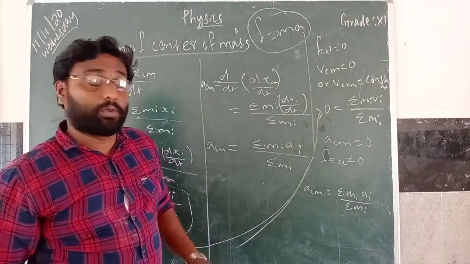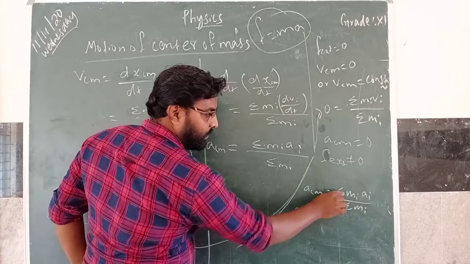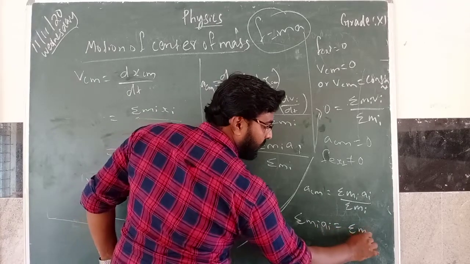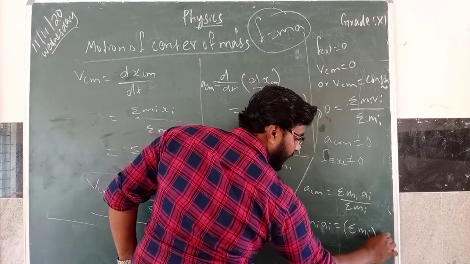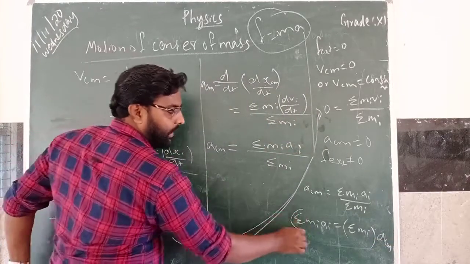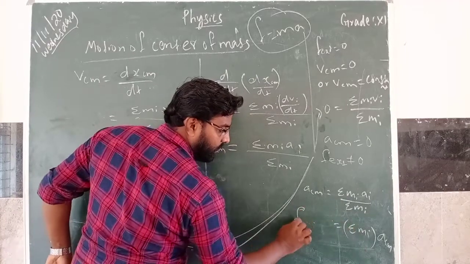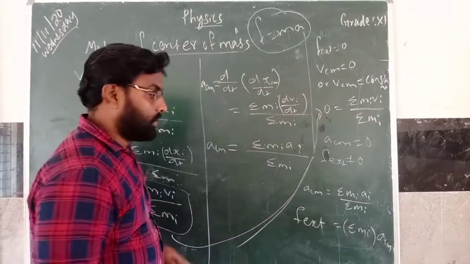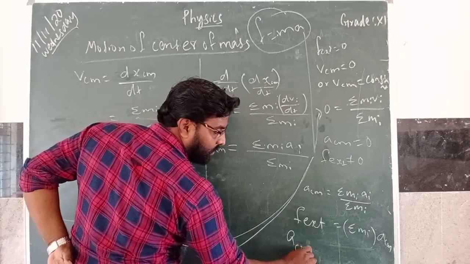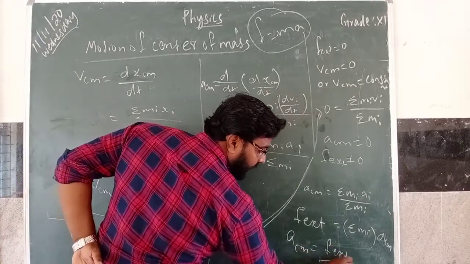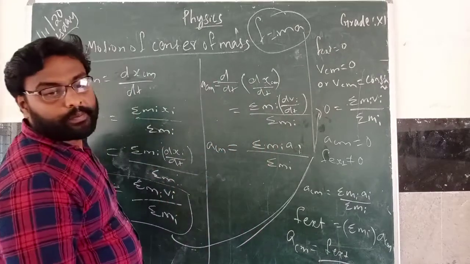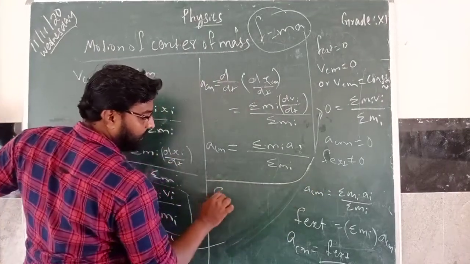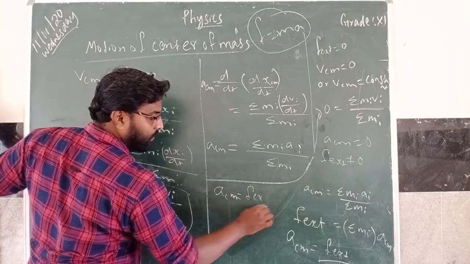So you can write sigma mi ai equal to sigma mi into acm, which means the external force. So F external is equal to sigma mi acm. From this, acceleration is F external divided by sigma mi, and sigma mi means the total mass. So acm is F external by capital M.